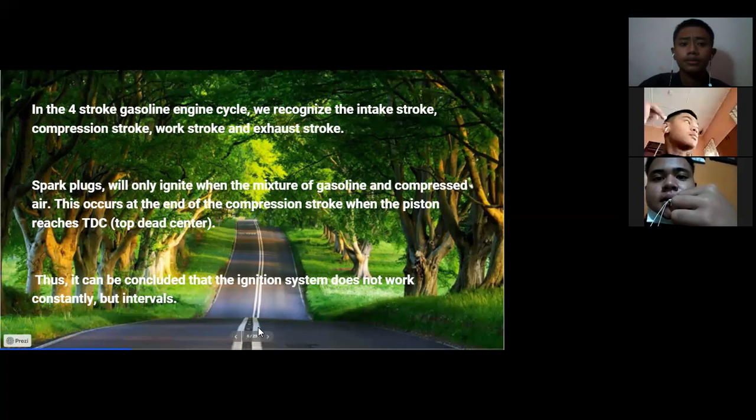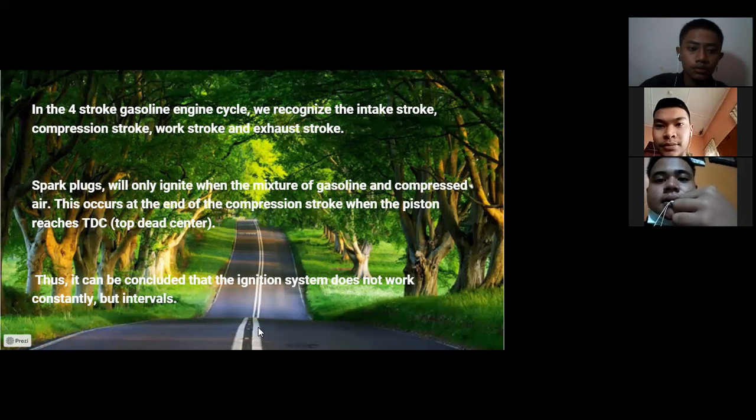Spark plugs will only ignite the mixture of gasoline and compressed air. This occurs at the end of the compression stroke when the piston reaches TDC, top dead center. Thus, it can be concluded that the ignition system does not work constantly, but at intervals.